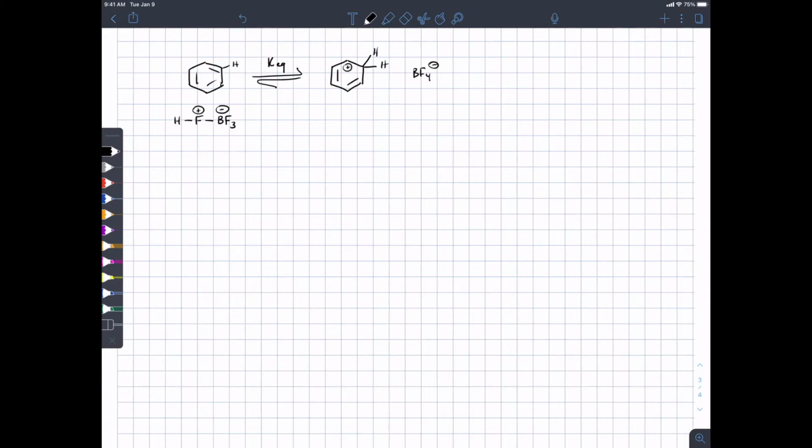So as an example, let's talk about putting things on benzene rings other than hydrogen to see how this affects the rate of protonation of the benzene ring. So if you just have hydrogen on the benzene ring, we'll do all of this in relative terms.